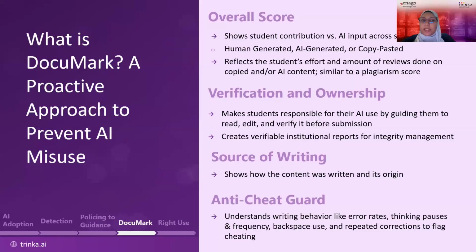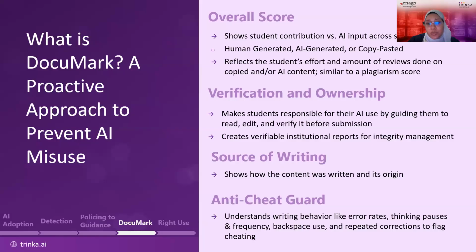So it will classify the work into human generated, AI generated, and copy pasted. And this kind of flagging or labeling will make it very easy for the faculty to break down the work into separate sections where it's very clear from which source each section is coming.